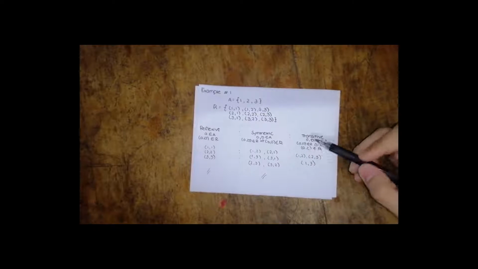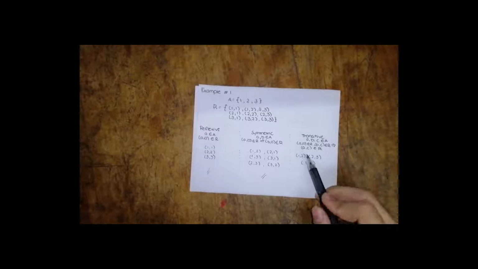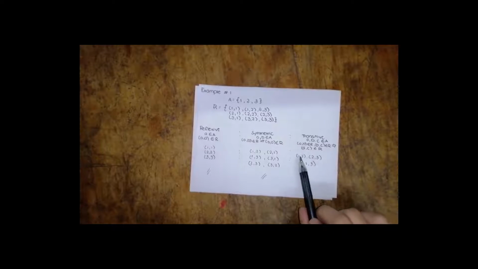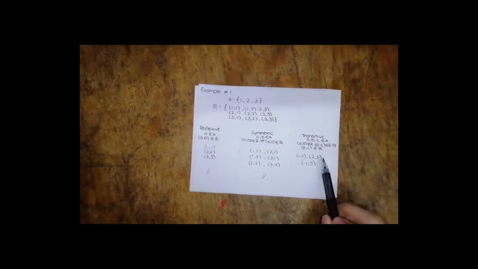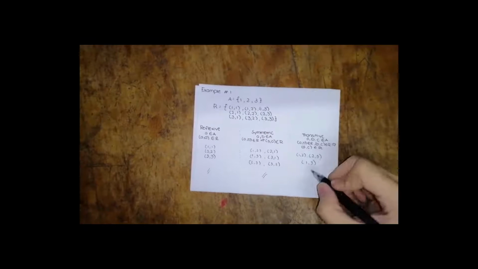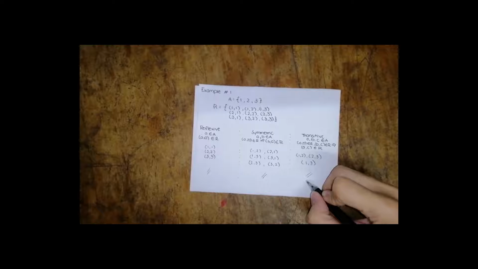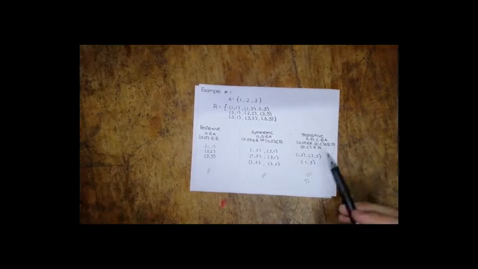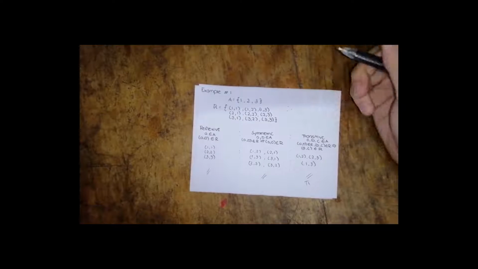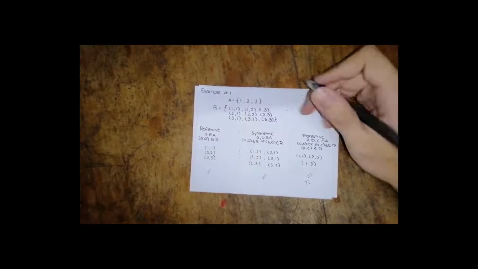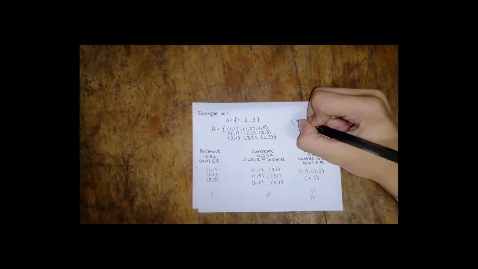And last, if these ordered pairs are also in the relation, which is yes, it is in the relation, then we can say it is transitive. If we satisfy those three, then we can conclude that this is an equivalence relation.